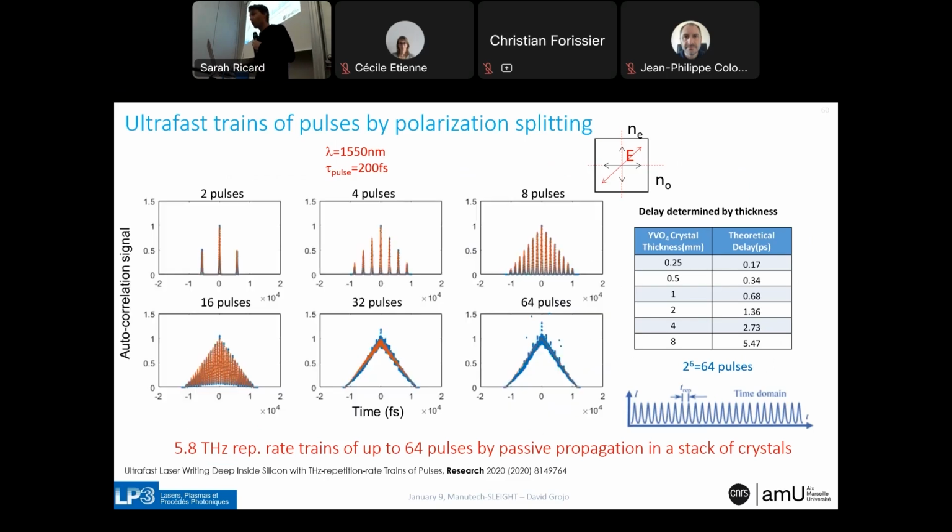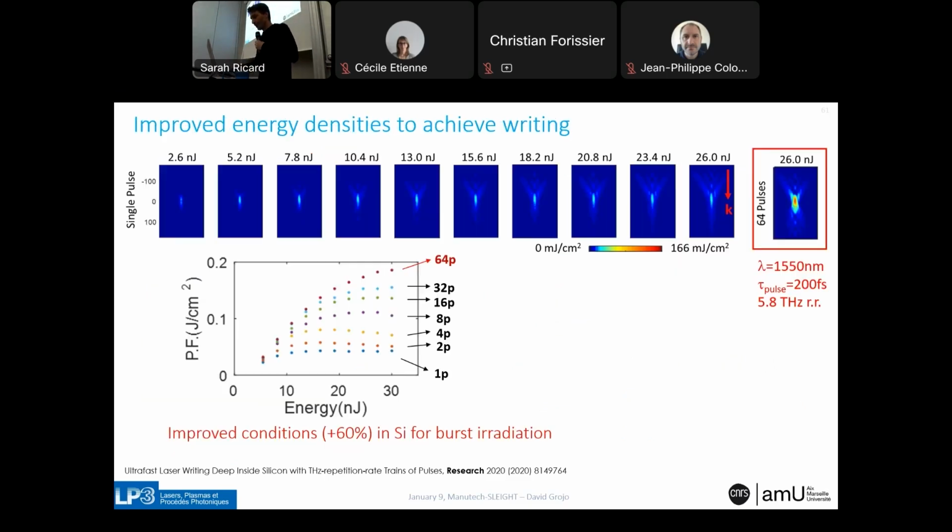First, when you do this type of experiment, you need to be sure about the conditions you apply to the material. So you need to check that you have these well-defined trains of pulses, and that can be done with autocorrelation traces. This confirms that we can measure this train of pulses. And then we repeated all the analysis we did with these trains of pulses. This, for instance, shows the delivered fluence with a single intense pulse at different energies.